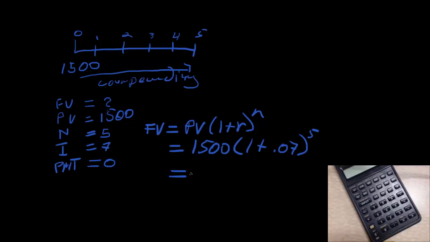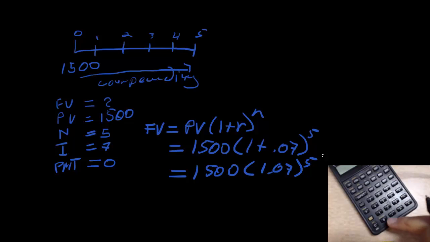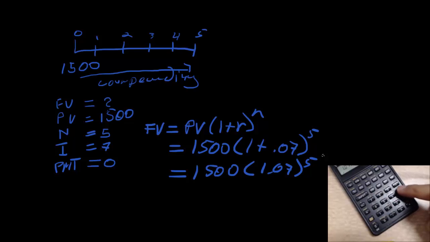So that's relatively easy. When we do the math, this is going to look like 1,500 times 1.07 to the 5th. And on the 10B, if I use my y to x button over here in yellow, I'm going to say 1.07, second, y to the x, 5, and that's going to give me 1.4026.